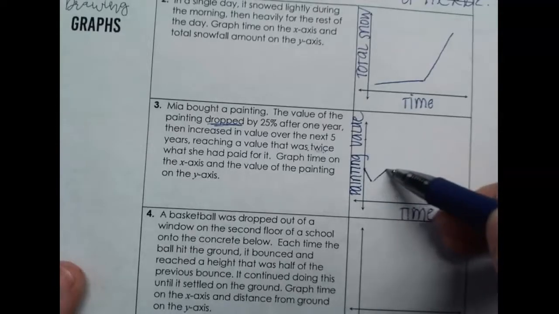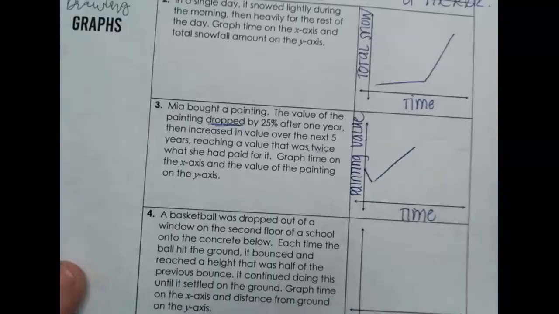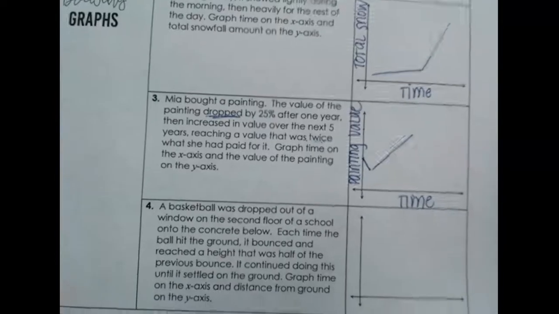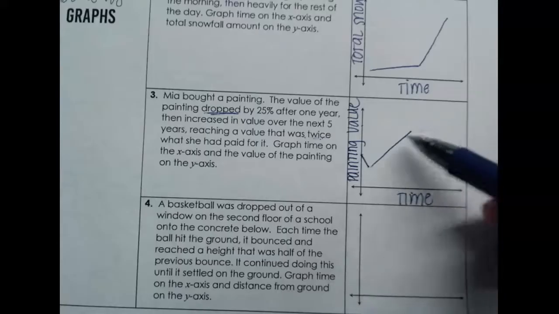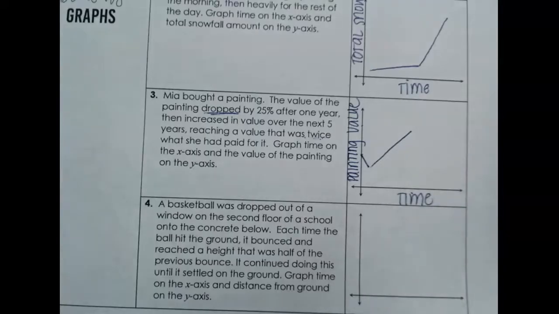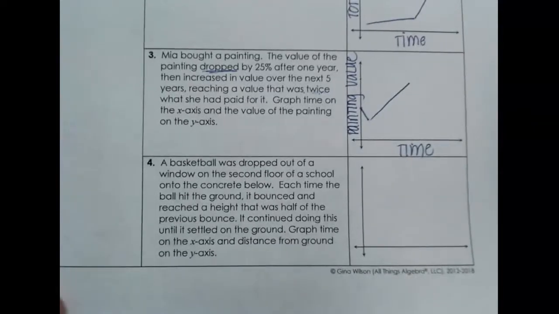So I'm going to draw something over time that takes me up to where I think about 5 years is. You could have been a little more stretched out, that would have been fine. But the idea is you had a quarter of a drop and then twice the amount of growth over time. All right, one last one and we'll talk about some more in class.